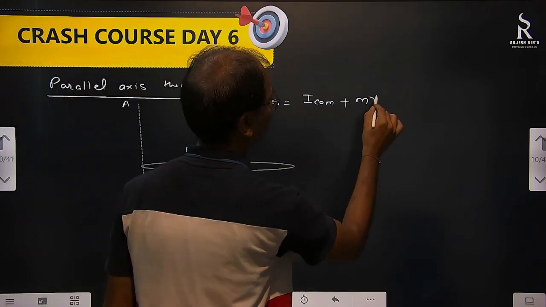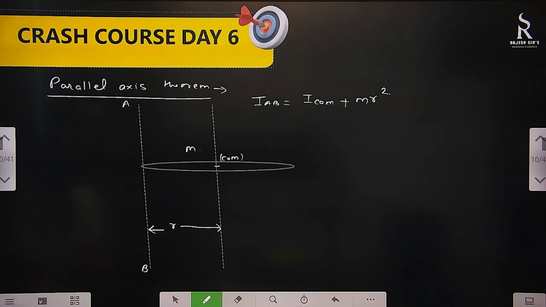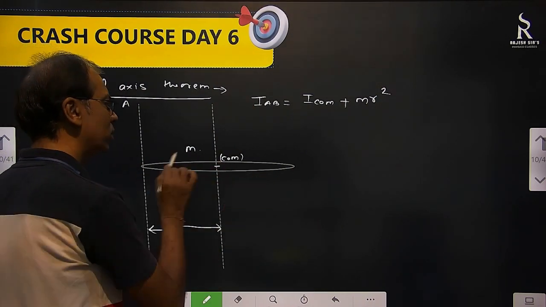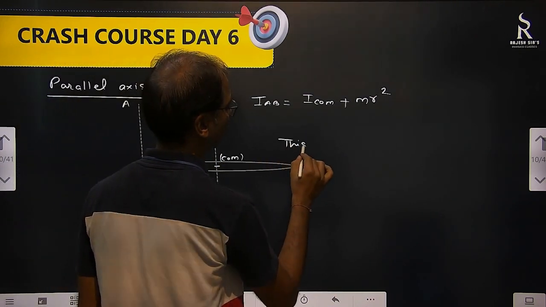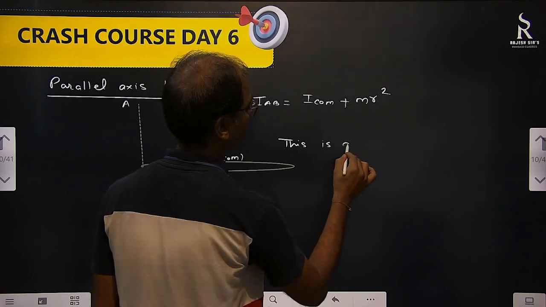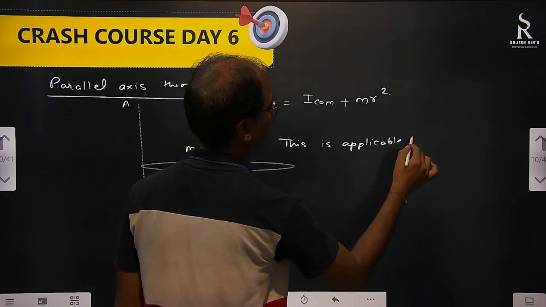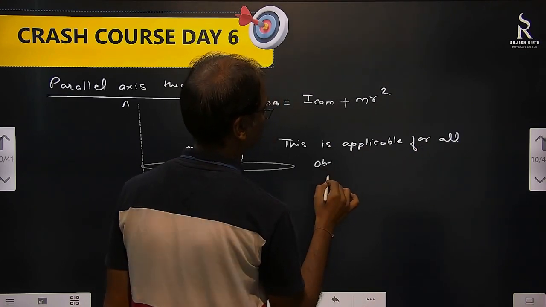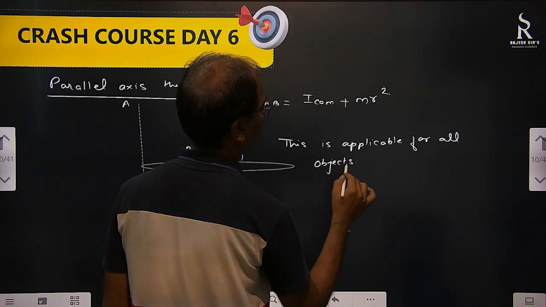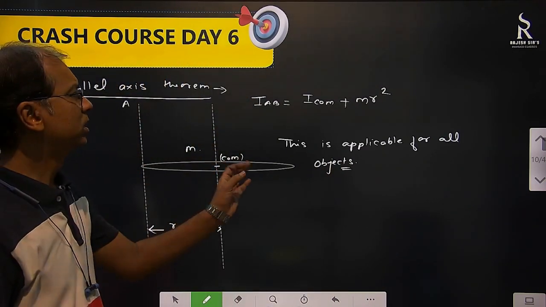So mr square. IAB equal to ICOM plus mr square. Can we apply this on any object? Yes, this can be applied on any object. This theorem is applicable for all objects. IAB equal to ICOM plus mr square.